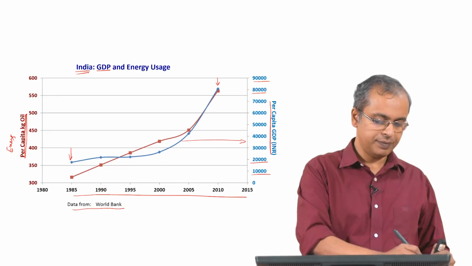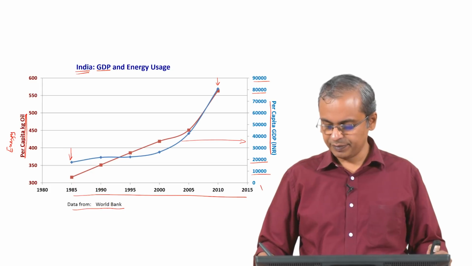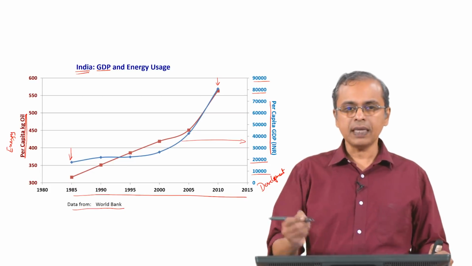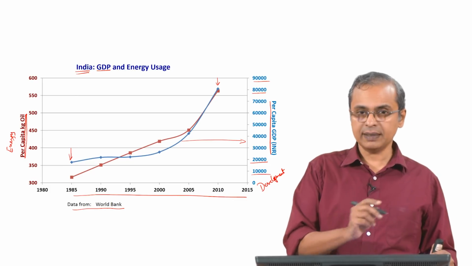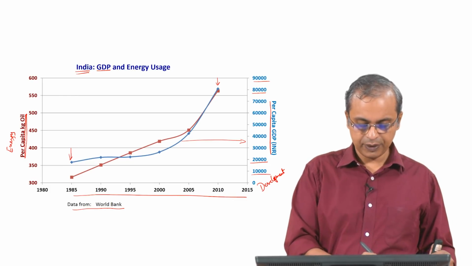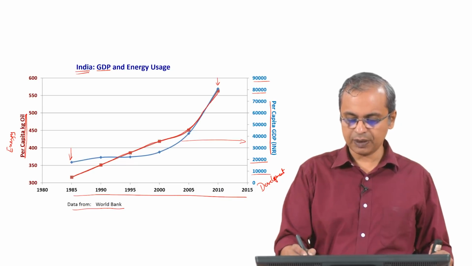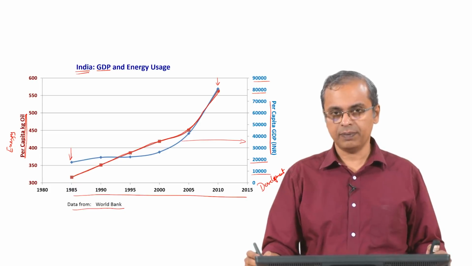Energy sort of represents development. If you take this into account, you will see that the oil consumption is also steadily going up. You see this steady increase of oil consumption.